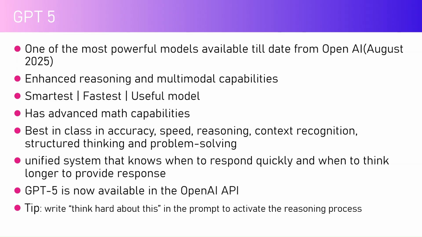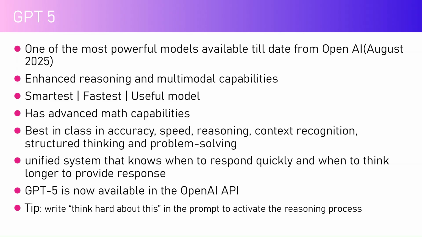If you want the model to reason for that specific request, then you can just write "think hard about this" in the prompt, or specify something about reasoning, so that the model understands that I need to activate the reasoning logic process within the GPT-5 model.